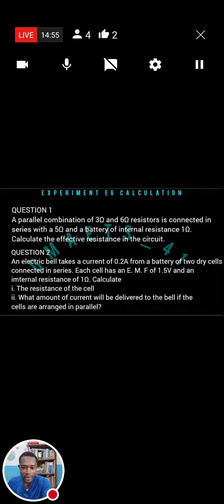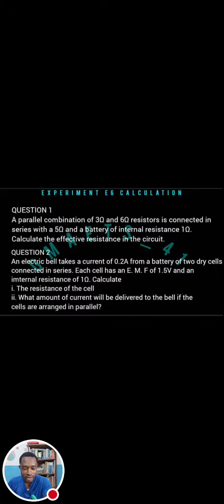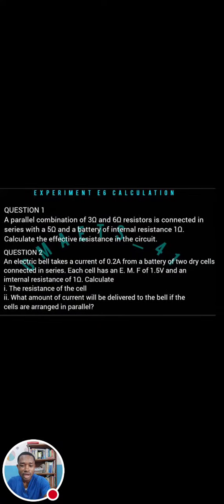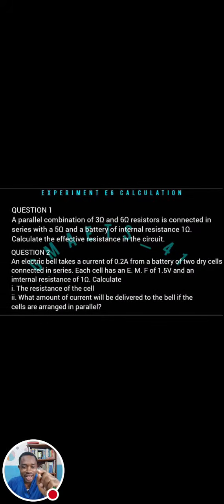Question number 2 there. An electric bell takes a current of 0.2 ampere from a battery of 2 dry cells connected in series. Each cell has an EMF of 1.5 volts and an internal resistance of 1 ohm.